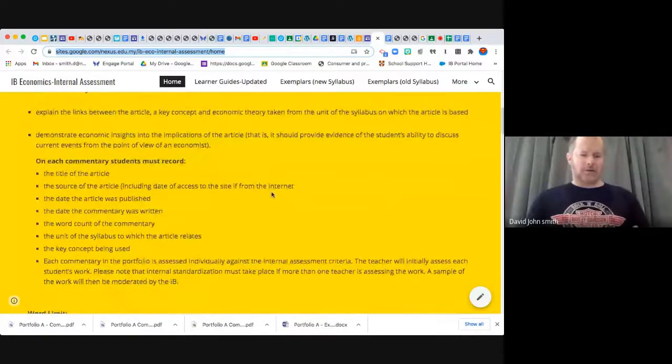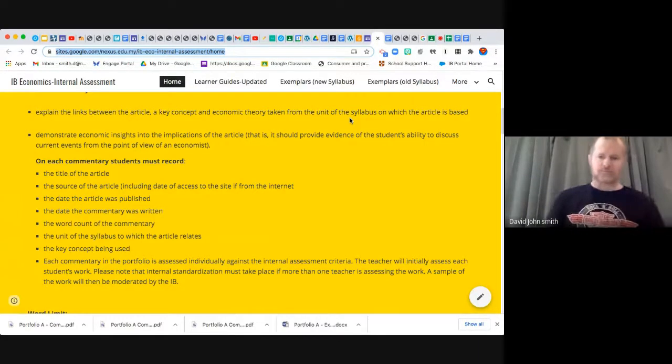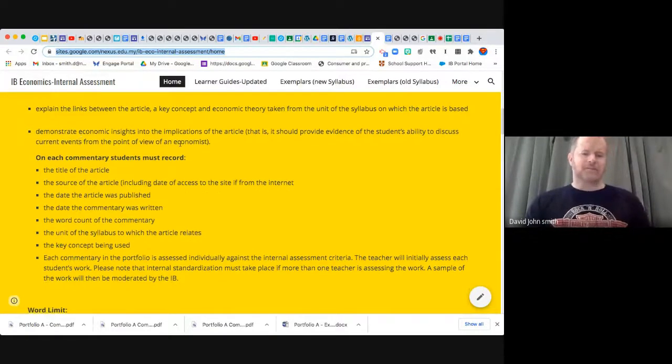What is it that you're actually supposed to do? You're supposed to explain the links between the article, the concept, and economic theory from that unit of the syllabus, so the microeconomic unit that we're currently doing. This one becomes a bit more vague. Demonstrating economic insights, right? So thoughts into the implications of the article.